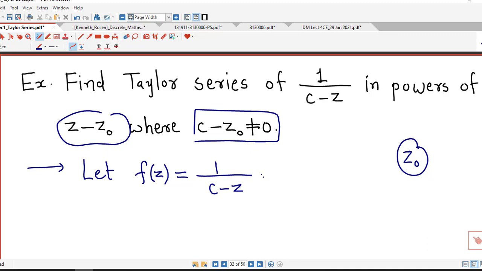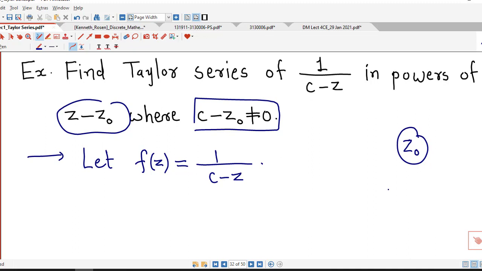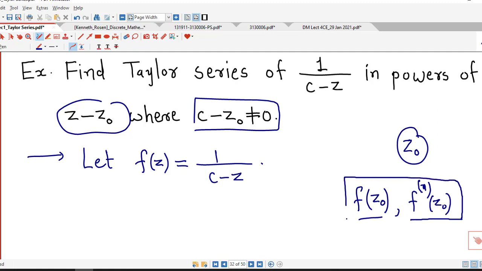Now as we know, if we want to find out the Taylor series about point z0 and apply Taylor's theorem, then we have to find the value of the function at z0 and the values of the derivatives of the function at z0. So that is one way we can use Taylor's theorem to find the Taylor series of this function with center z0.